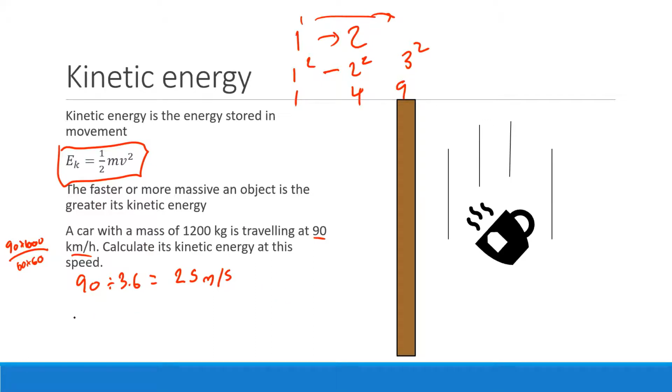So now let's calculate the kinetic energy. The kinetic energy in this example is equal to half times the mass times the velocity squared, which equals a half times 1,200 times 25 squared. Can I get you guys to do this in chat, please?